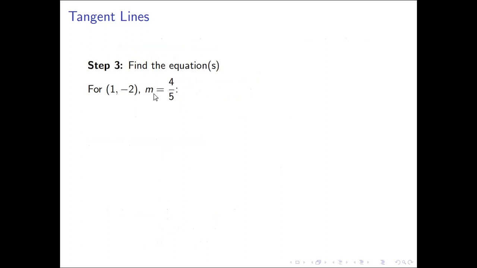So we just use what we know from algebra. Point-slope form, remember, y minus y sub 1 equals m times x minus x sub 1. So y minus -2, so you have y plus 2, and then here, x minus 1, and then times m. And then we just simplify in the form y equals mx plus b.